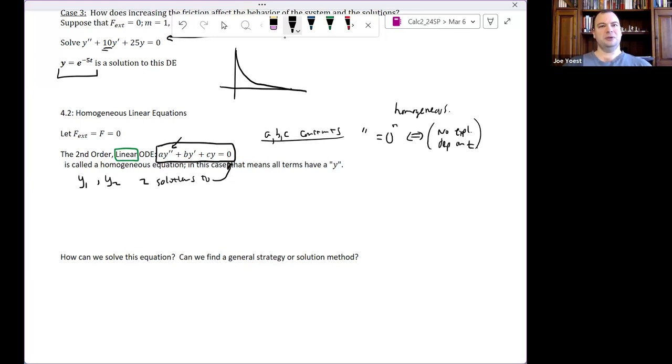In particular, I want two solutions that aren't like terms, because if they're like terms, they're just basically the same solution. So we might call these linearly independent solutions, but essentially we want two solutions that are unlike terms. t versus t squared, they would be unlike terms, but like 3t and 4t, well, those are just the same solution, basically.